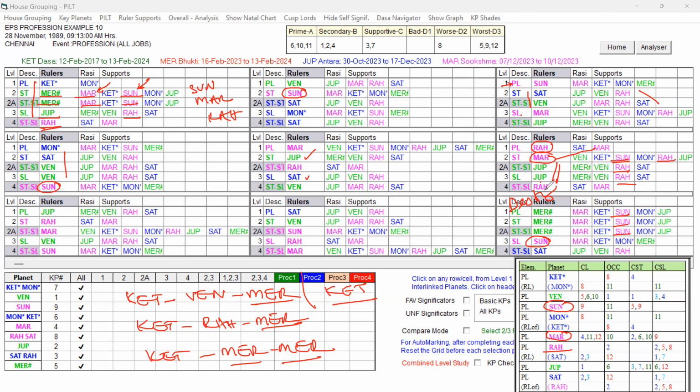Out of them, which is stronger in Ketu Dasa? Obviously Jupiter, right? Jupiter is stronger, as we already discussed, and Rahu has got some weakness because of this grouping. So in Jupiter Bhukti and Rahu Antara in Ketu Dasa, the native got the promotion.